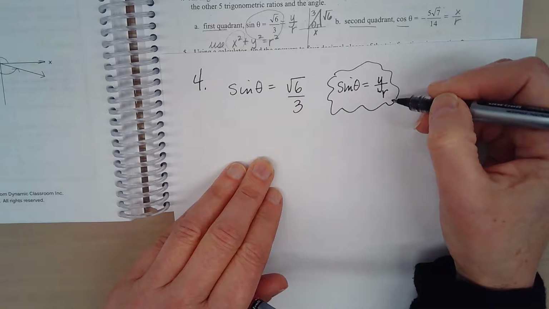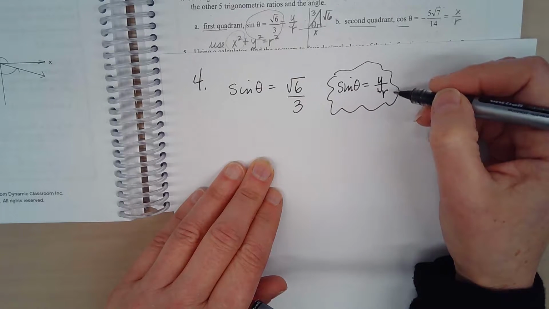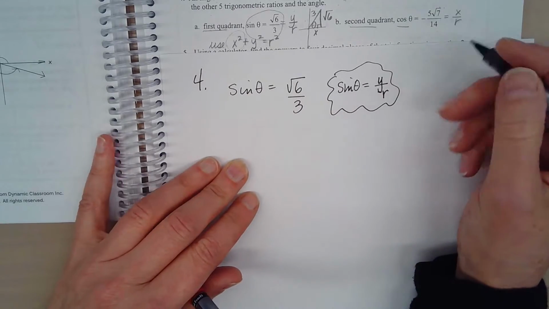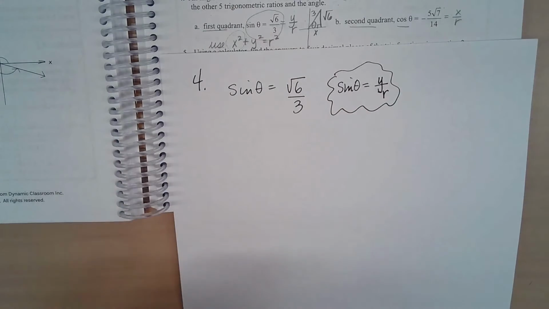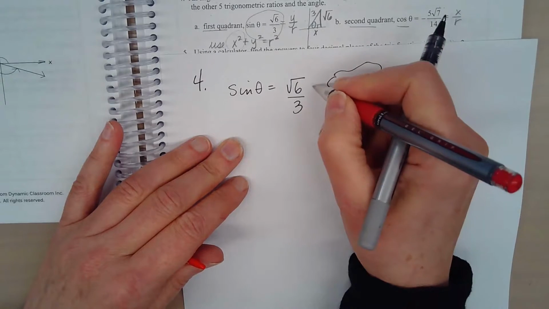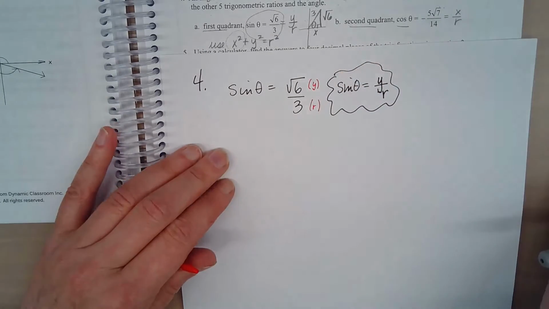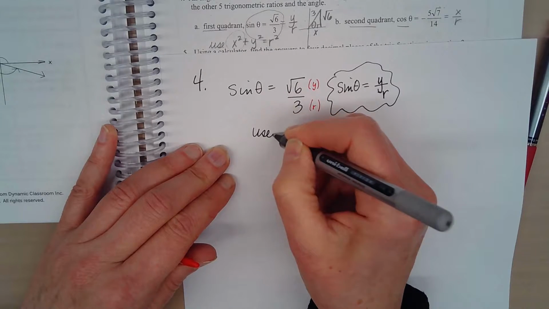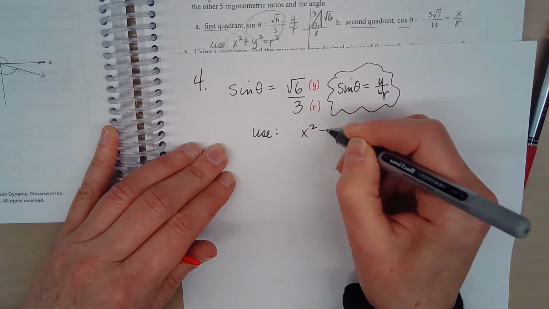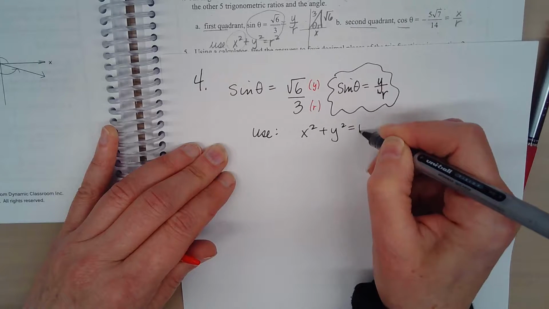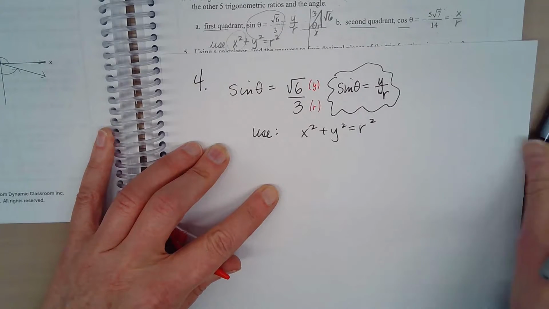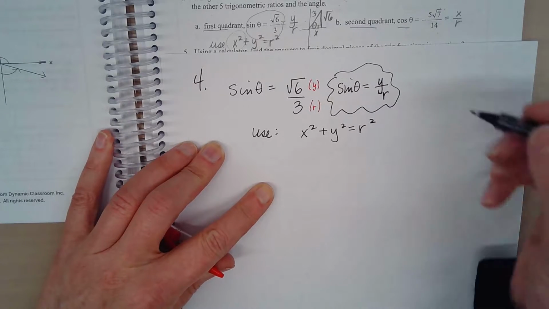Y over r, or opposite over hypotenuse, y over the radius. Okay, so then that tells me that y is equal to root 6 and r is equal to 3. So I'm just going to use my Pythagoras statement, x squared plus y squared equals r squared. Because in order to find all 6 ratios, this is what I need.